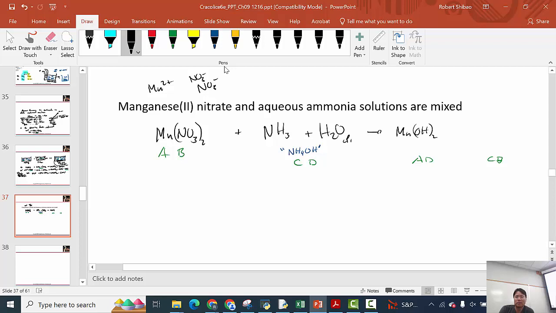And then go to the NO3. NH4NO3. That's correct. The manganese 2 hydroxide comes from having 2 hydroxides, each -1. And then ammonium is +1, and nitrate's a -1, so this is just 1 to 1.